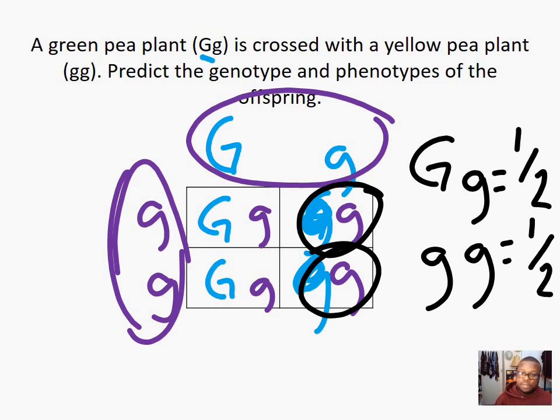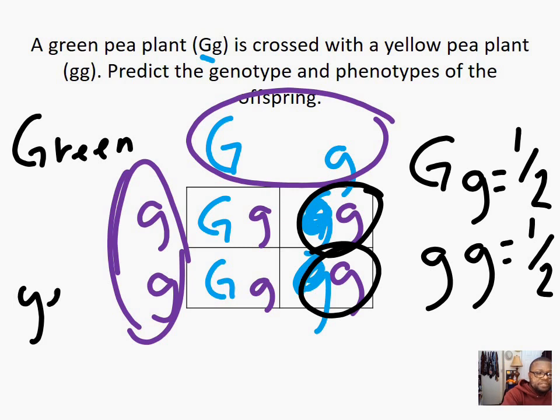Okay, how do I get 1/2? 2 out of 4. So what is the likelihood to have a green plant, and what is the likelihood to have a yellow plant? Well, to have green, we have how many with capital G? 2, right?